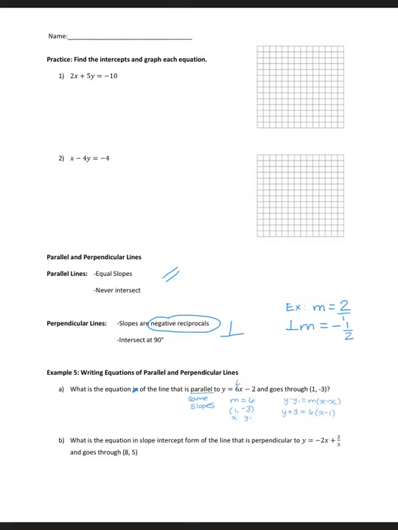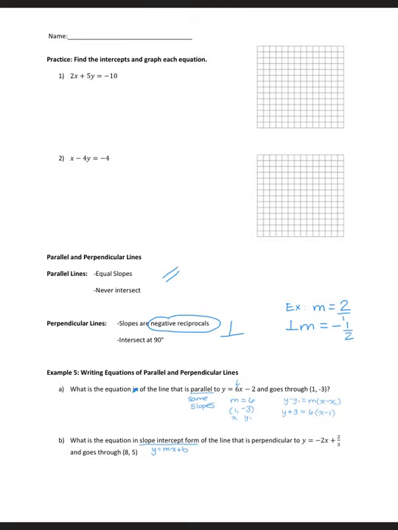So now let's look at part B. What is the equation in slope-intercept form? So underline this. If you remember, slope-intercept form is y equals mx plus b. Of the line that is perpendicular to y equals negative 2x plus 2/3 and goes through 8, 5.